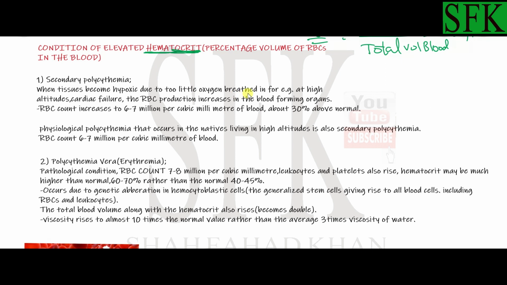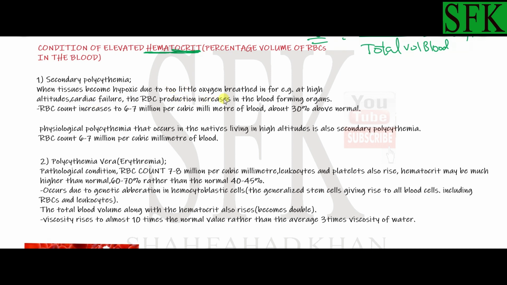For example, at high altitude, the oxygen partial pressure in the air is much lower than at sea level, so the oxygen that enters a person's lungs and then the blood will be lesser. Cardiac failure can be another reason why the tissues might become hypoxic.